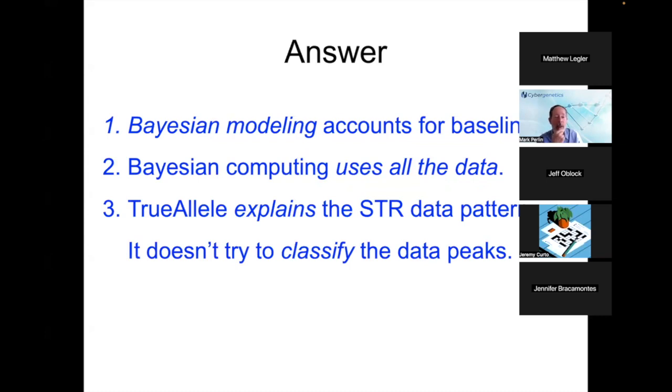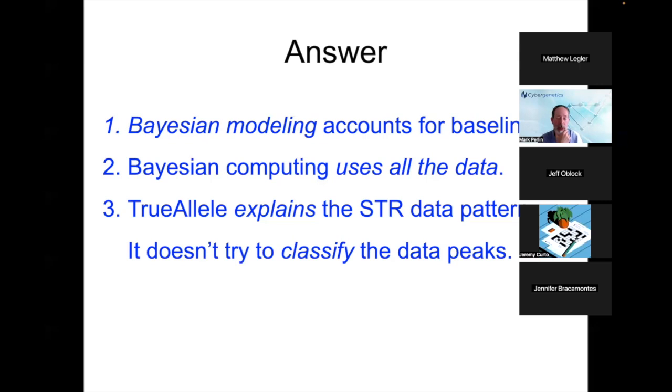The answer is basically TrueAllele's Bayesian modeling has modeled baseline and background noise for 25 years. It was built to model this. There are variables that model what the baseline is and figure it out from the data for every locus at every experiment, and that's just part of TrueAllele.